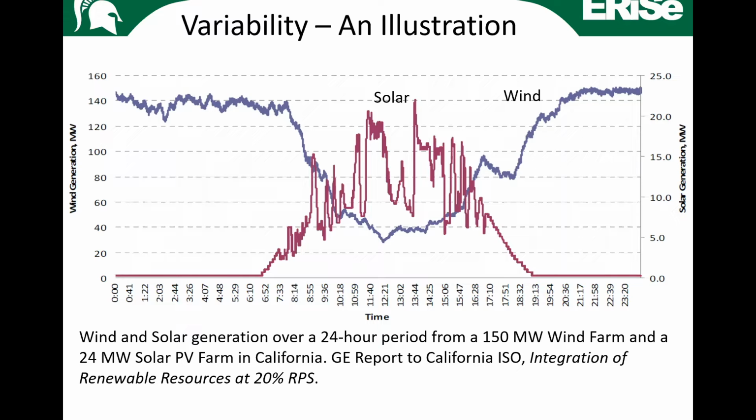By the way, I pulled this graphic out of the report that I've cited at the bottom of the slide. Most of the reports that I cite in my slides, you can just use your internet search engine to find, and they are available for free if you need to dig more. Note that they are different sizes, so they are on different scales. The left side scale is for wind, and the right side scale is for solar.